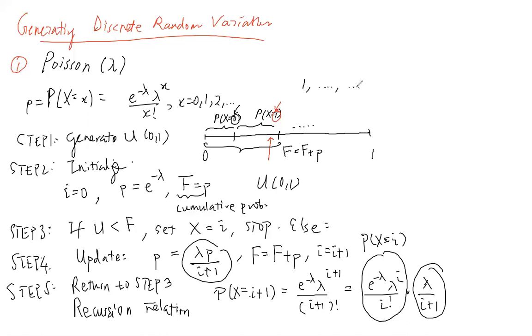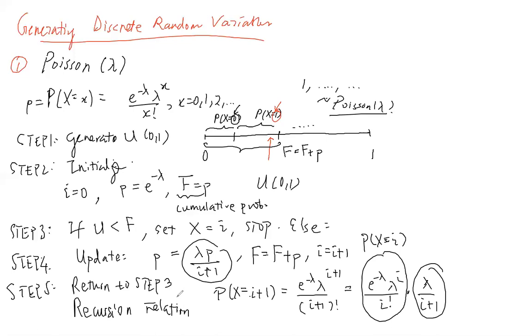Then you are going to generate a sequence of numbers which will have a Poisson lambda distribution. For the discrete case it is quite simple, because it is just partitioning the 0, 1 interval into lengths, and then you use a checker like this. Initialize, then check whether your U is less than the cumulative F. If not, you update it and keep repeating this until you locate the I where your U falls in that interval.